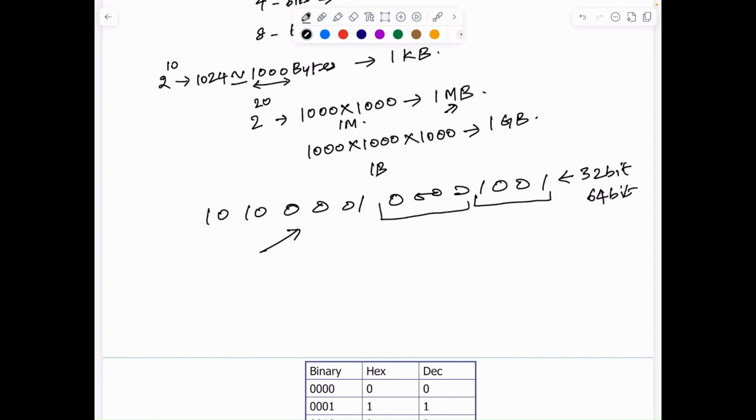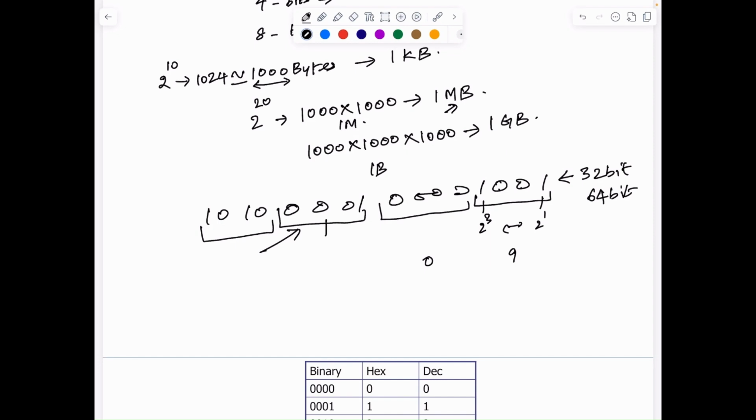Most of our computers are 64-bit now. If you have 64 ones and zeros, our head will be spinning. So there should be an easier way for us to represent this cumbersome number of bits, right? So what we are doing is we group these bits into nibbles.